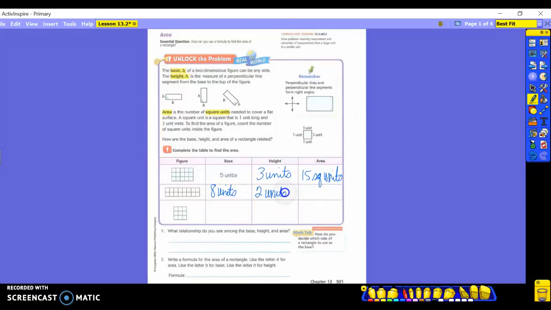Now, what I was trying to get at was that you can flip this around and you can use 2 as your base and 8 as your height. You don't have to always use whatever's on the bottom. It's just easy that way. That's something that you're used to thinking about. So just know that you could have used 2 for the base and 8 for the height. Either way, you're still going to get the same area? Yes. So when I multiply 8 times 2, I get what? 16 square units.